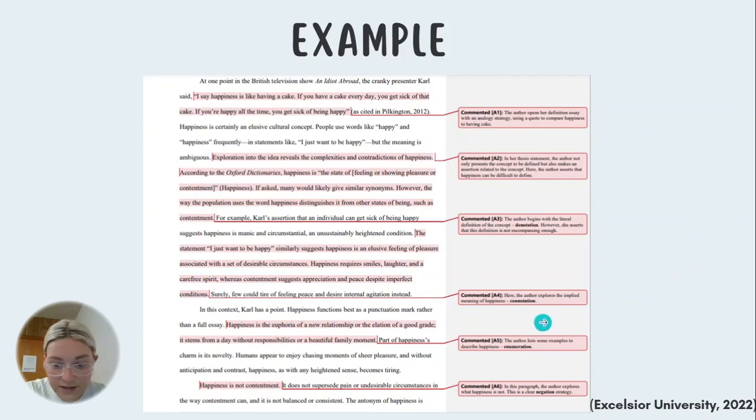And then further down, you can see they use connotation here. So the statement, I just want to be happy, similarly suggests happiness is an elusive feeling of pleasure associated with a set of desirable circumstances. Happiness requires smiles, laughter, and a carefree spirit, whereas contentment suggests appreciation and peace despite imperfect conditions.